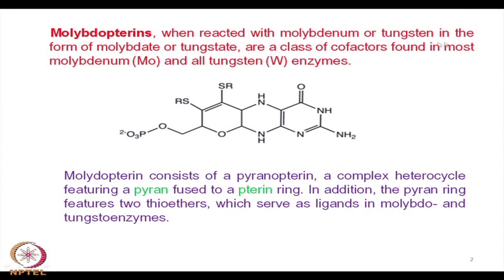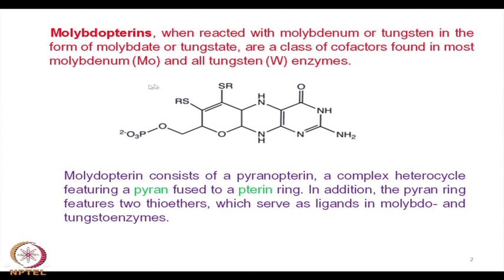When reacted with molybdenum or tungsten, and we will see a little about tungsten also, because you know that chromium, molybdenum and tungsten have similarity. If molybdenum can give rise to such compounds, we expect that tungsten can also give all these molecules, forming a molybdate or tungstate.